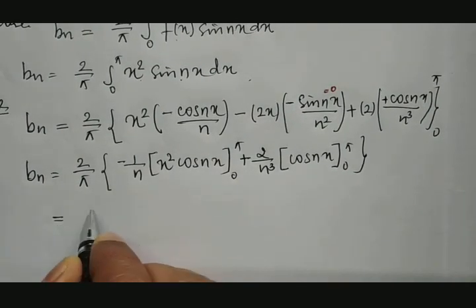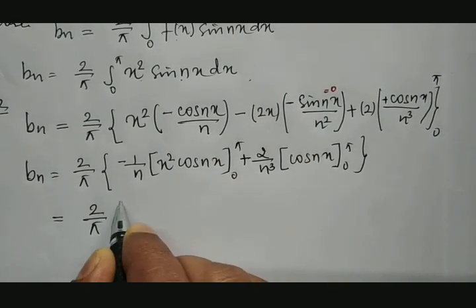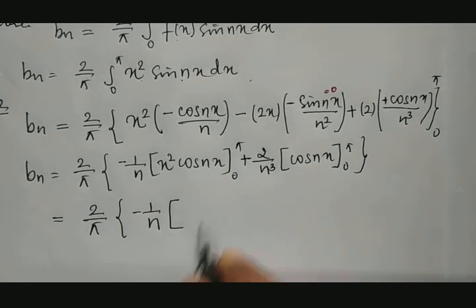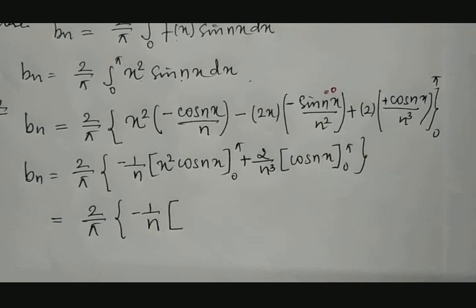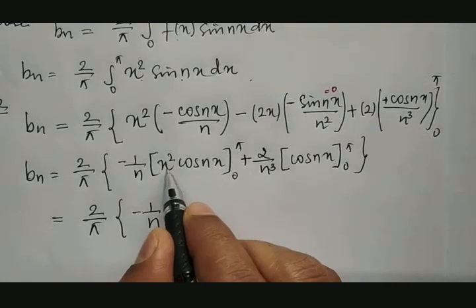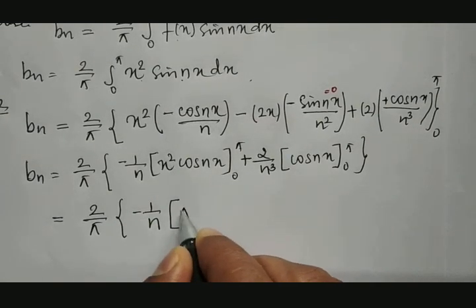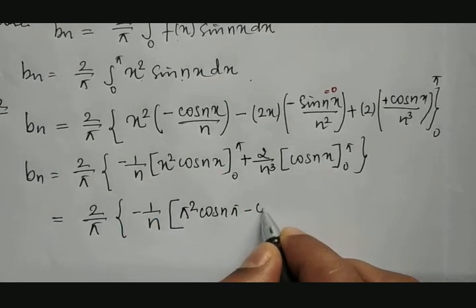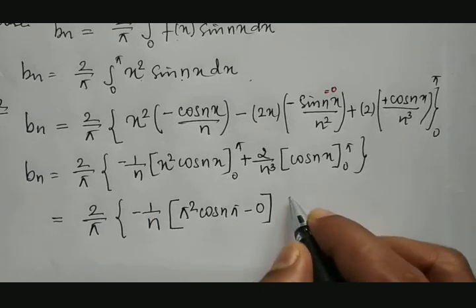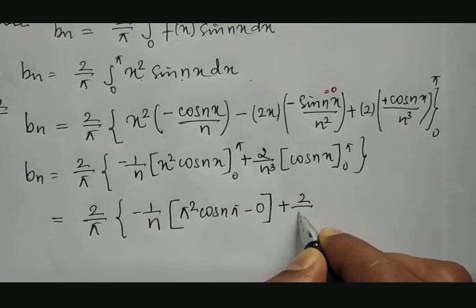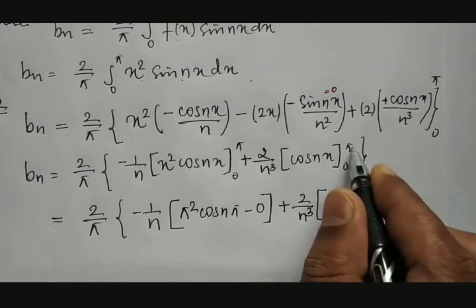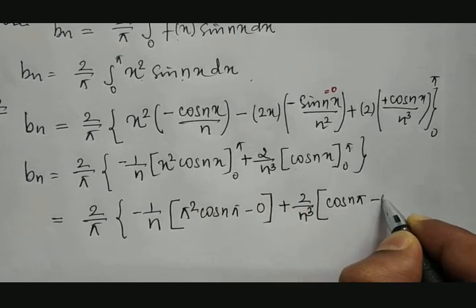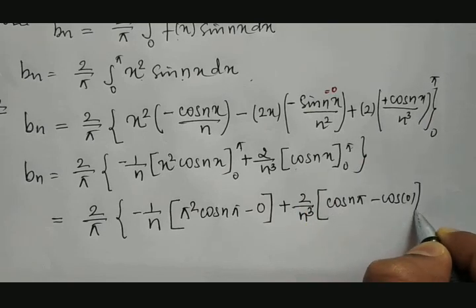Fine. Therefore, this is equal to 2 divided by pi into minus 1 by n into substitute upper and lower limit. If you substitute upper limit in place of x, if you put pi, then it becomes pi square into cos n pi minus 0 into anything will be 0, plus 2 divided by n cube into, substitute, then it becomes cos n pi minus cos 0.